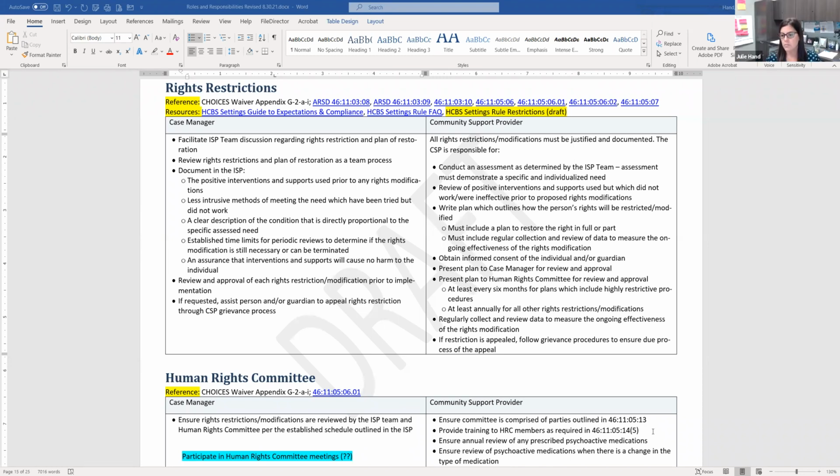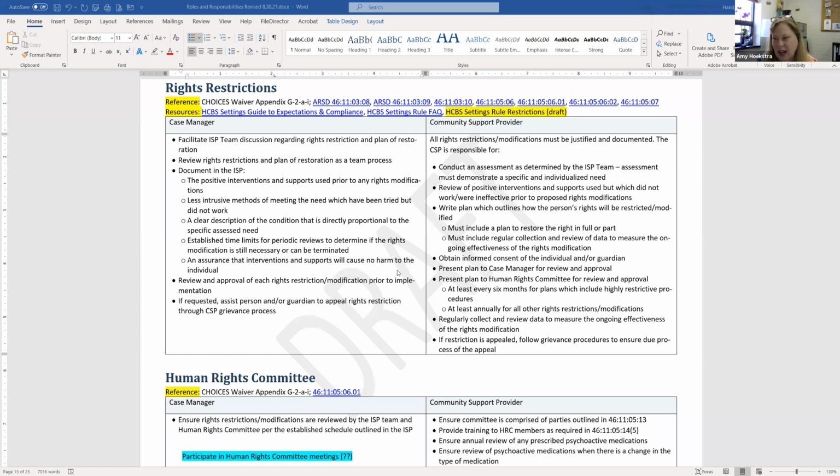Well, Jay's had to step away for a quick second, so she'll be right back. But I would add that as we transition into talking about human rights committees, that might be helpful for human rights committees as well, in their review, to know here's what's required and make sure before they approve that it meets all that criteria as well.